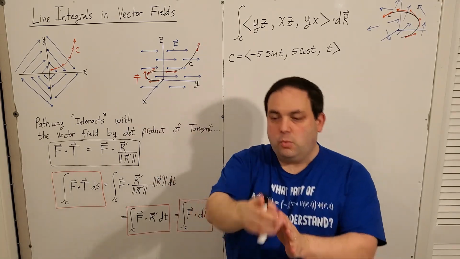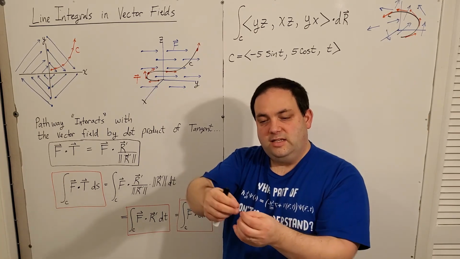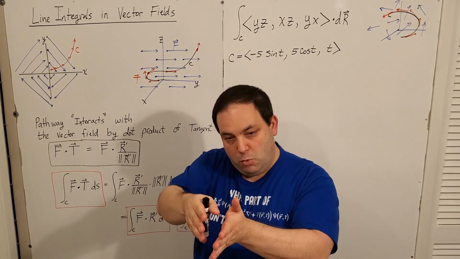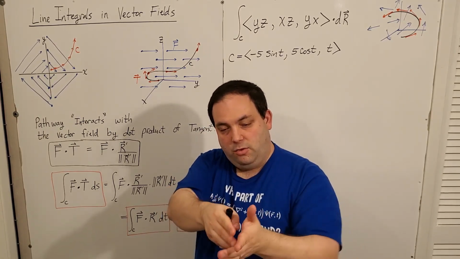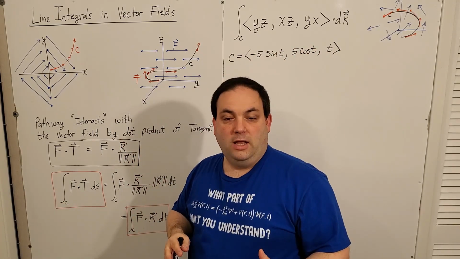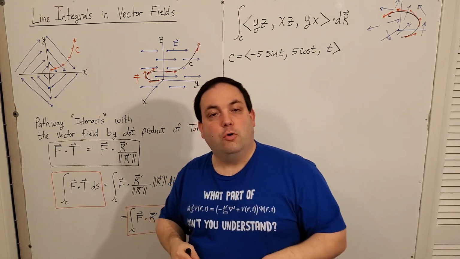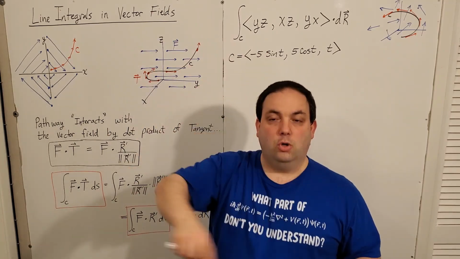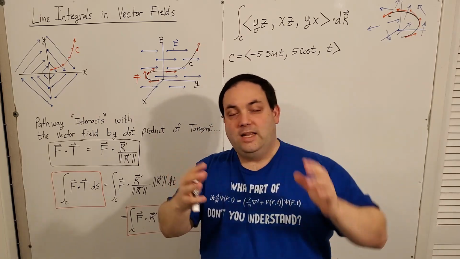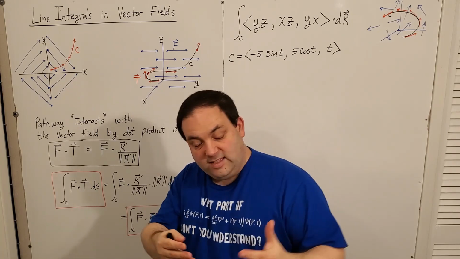So as your pathway moves around in this vector field, you're constantly seeing how much the actual motion, the tangent of your movement, is being either helped or hindered or interacting with the field around you. Like imagine trying to move through a current of water, right? So a current of water is going around and you're trying to move through that current, but not necessarily with it, right? So your velocity, your motion has an interaction.